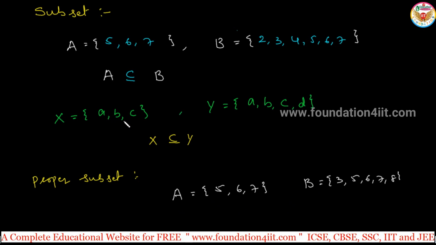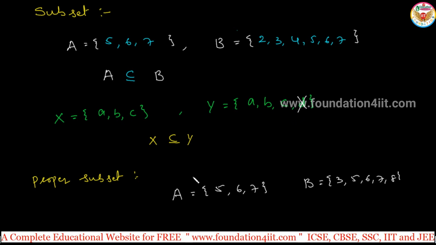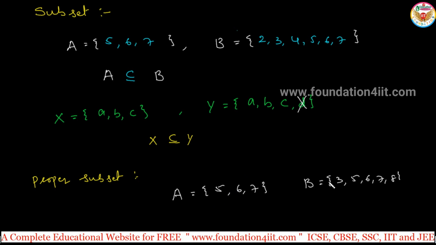Now, compared to the previous example, if you see A, B, C and Y also with only A, B, C, even though X is a subset of Y, at the same time Y is a subset of X. But to get the proper subset, the elements of set A are contained in set B. Each and every element in A must be an element in B. And there exists at least one element in B which is not in A. So here an extra 3 is there which is not in A. That means A is a proper subset.